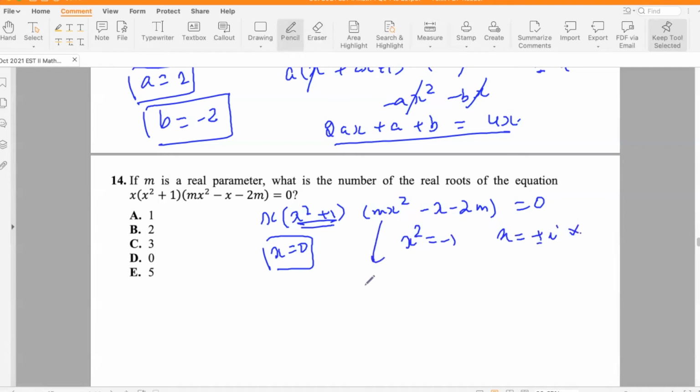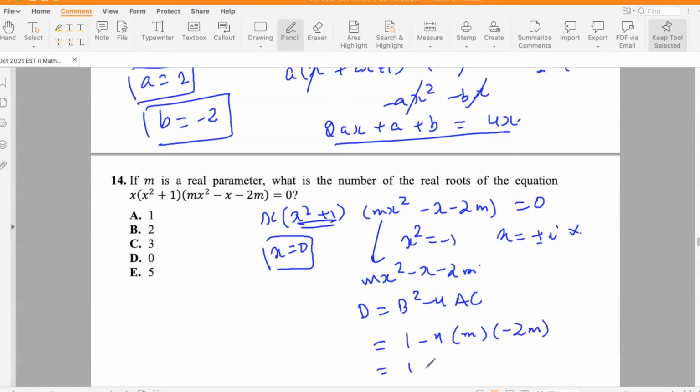And for mx squared minus x minus 2m, the number of roots can be found with the discriminant. That will be 1 minus 4 times m times minus 2m, so 1 + 8m squared, right? This will be positive, so there are 2 real roots from this and 1 from the other, so 3.